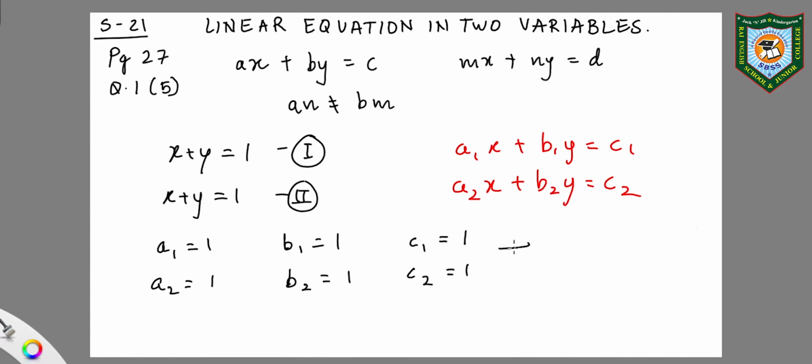That means a1 divided by a2 is always equal to b1 divided by b2, as we can see from this set of numbers, and also equal to c1 divided by c2. So if a1 divided by a2 equals b1 divided by b2, that means a1 b2 equals a2 b1.